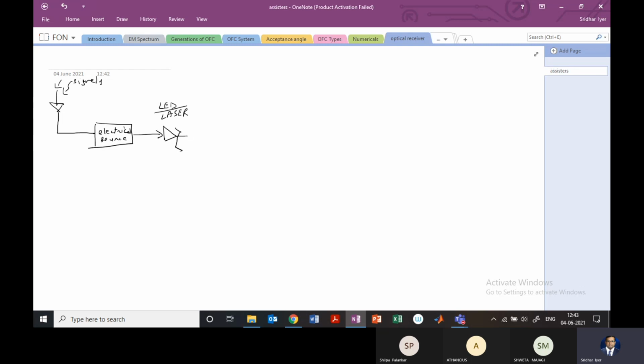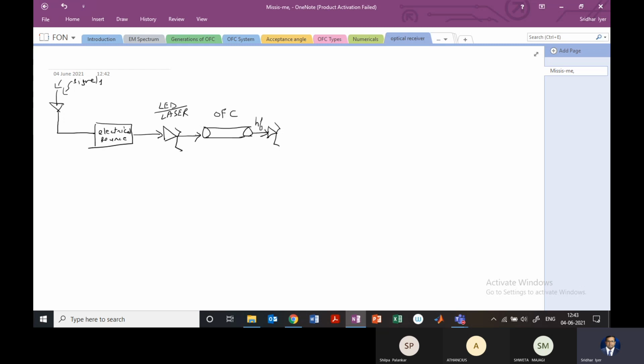This LED or the laser will then provide this signal after modulation, obviously, into the fiber. So this is the OFC cable, and then at the output we receive this signal, the light.